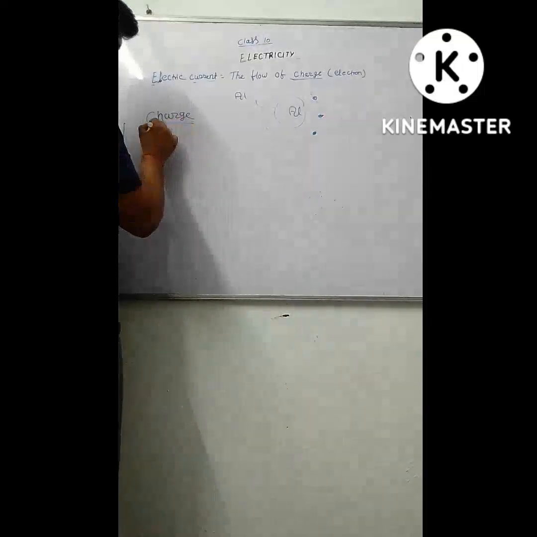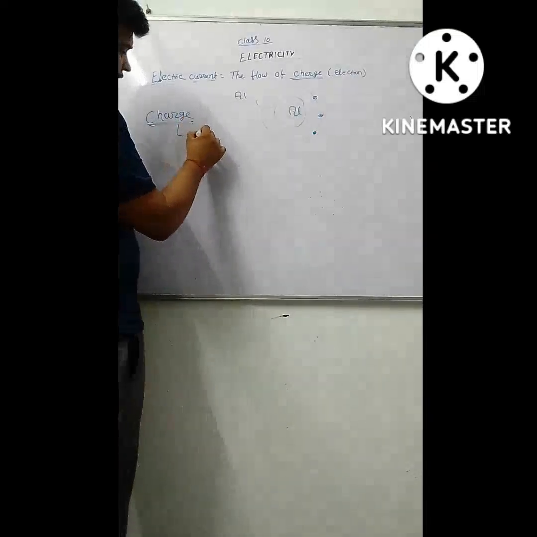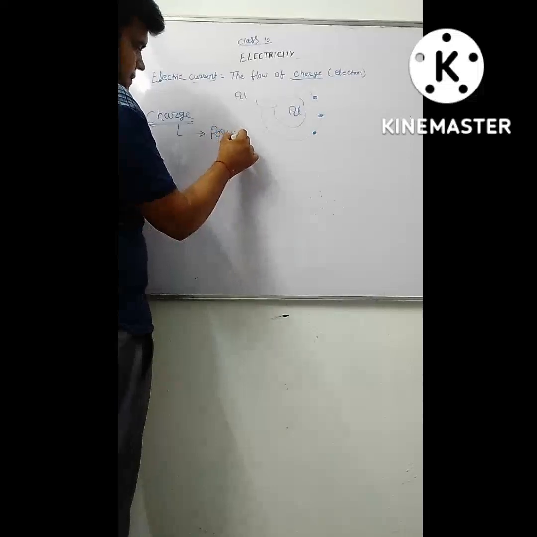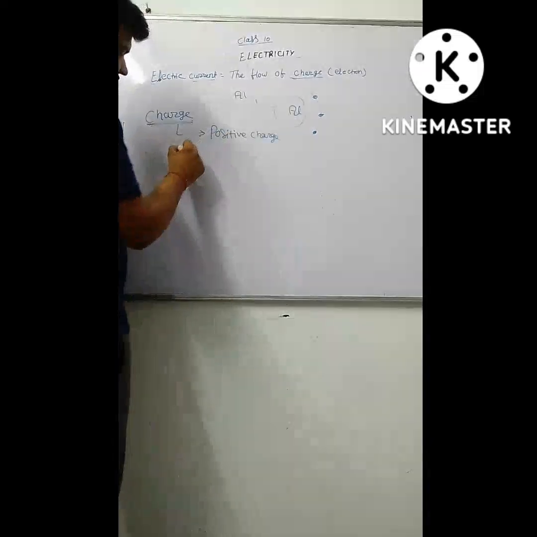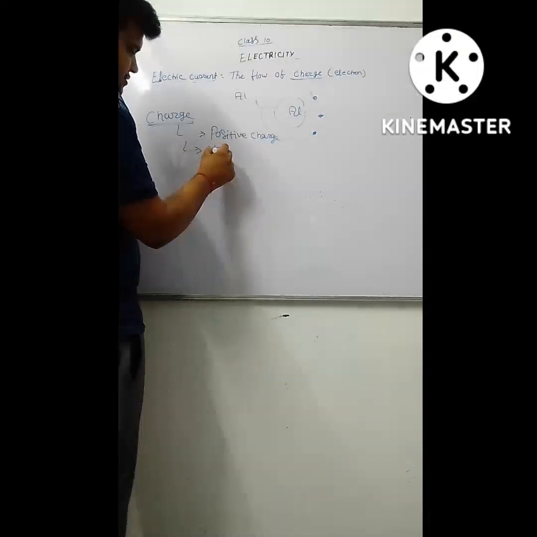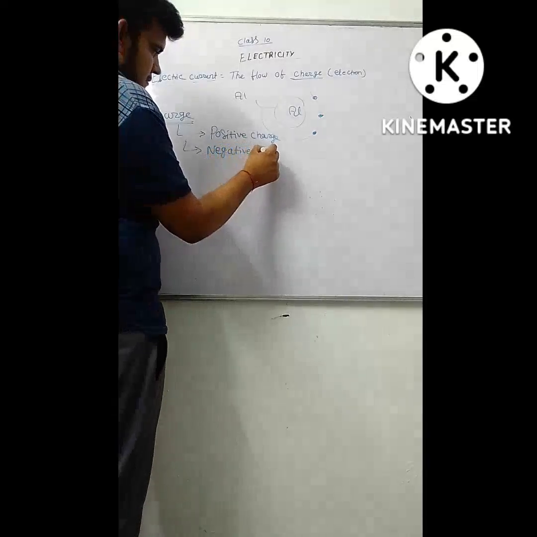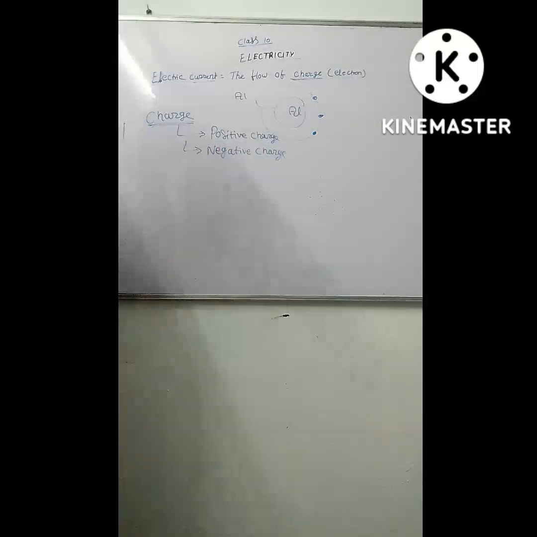So charge is a fundamental property of matter. It is of two types. First one is positive charge, and second one is negative charge.